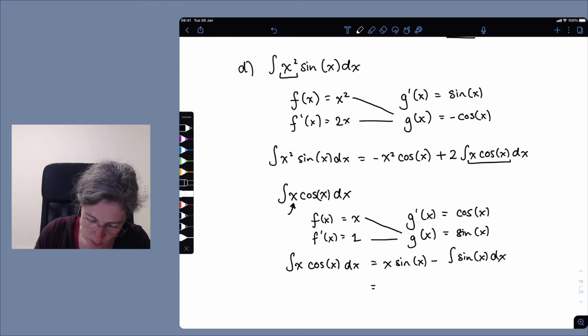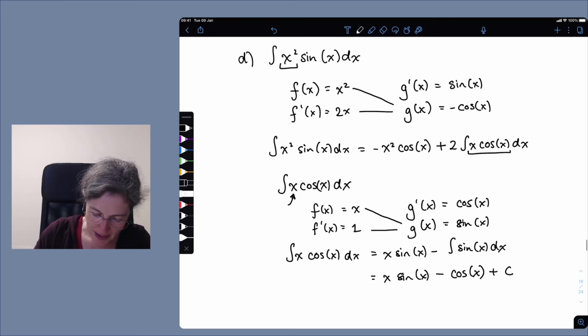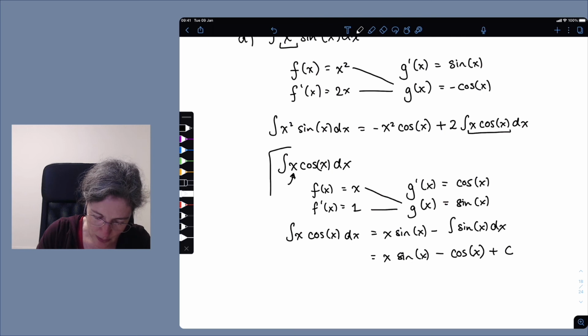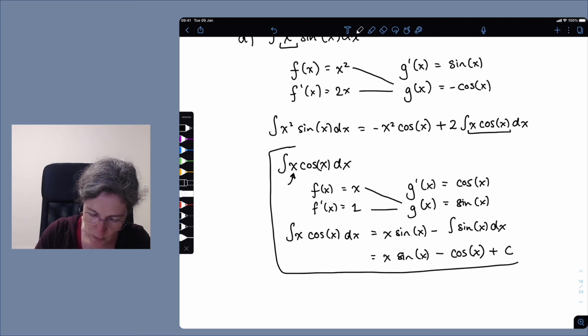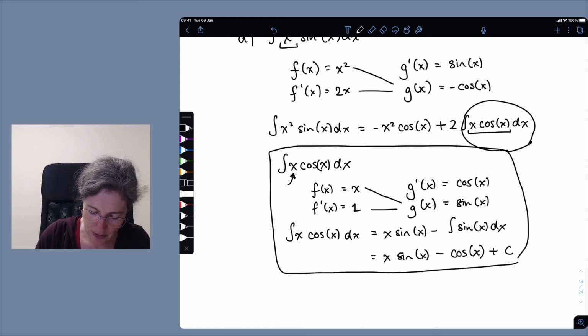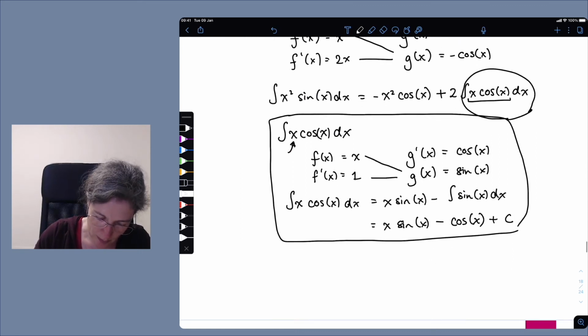So it's equal to x sine of x minus, whoops, we're actually integrating this, so we get cosine of x plus c. And so finally, because this was all just to work out this bunny over here, let's plug that all back in.